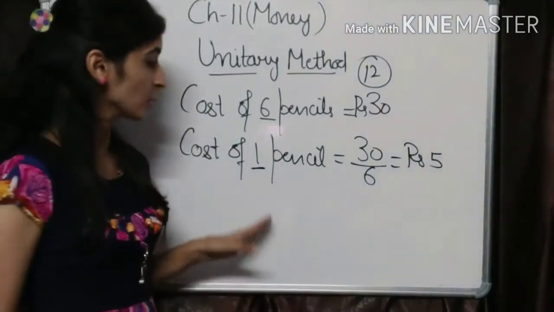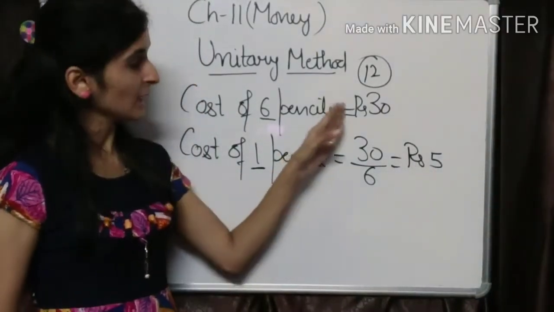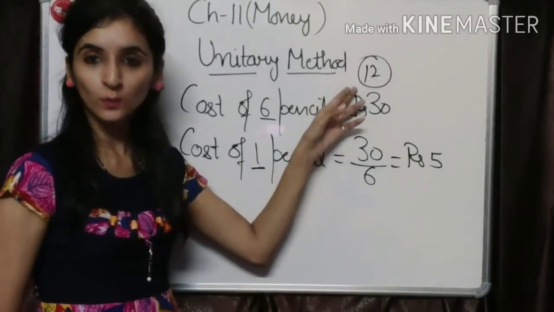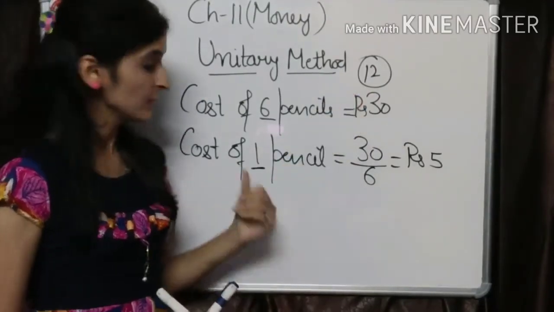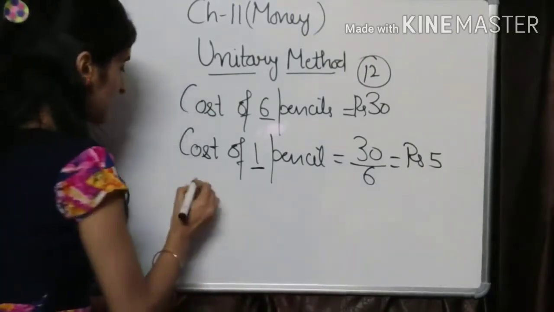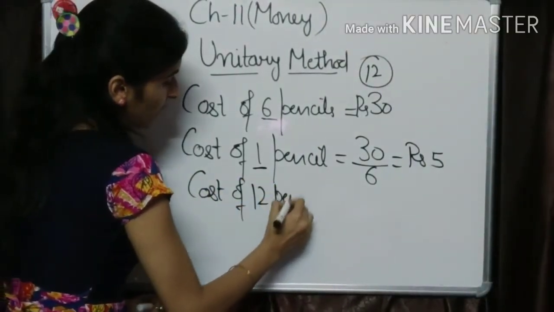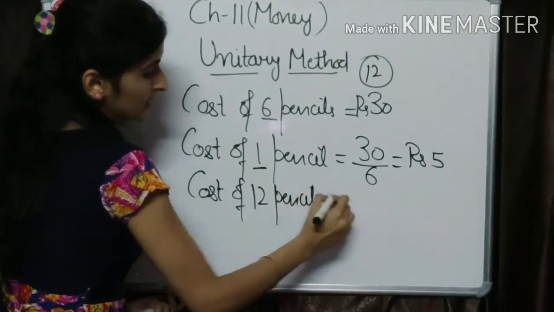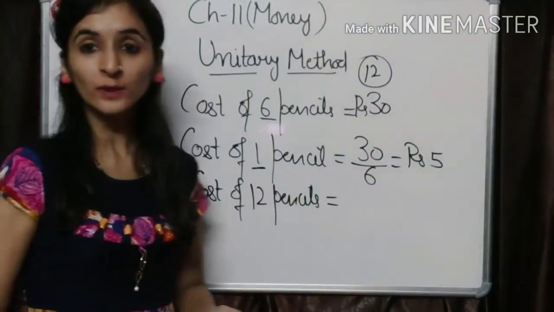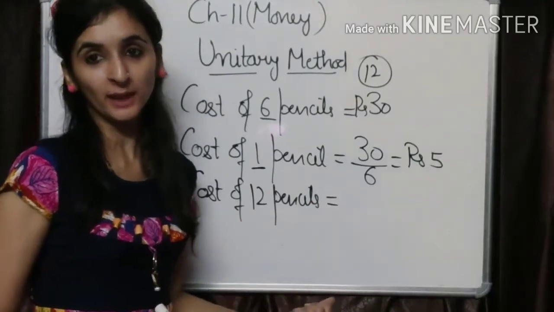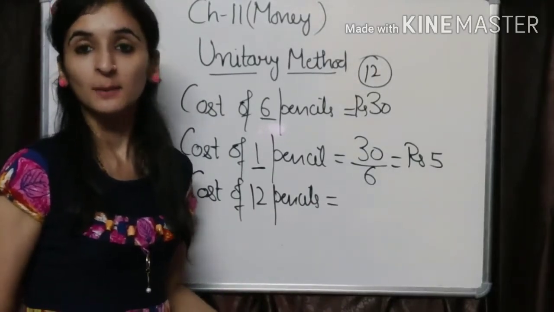Now we have got the cost of 1 pencil and we have to find out the cost of 12 pencils, right? We have been given for 1 and we have to find out for many. It means we have to find out for 12 pencils. So what do we do when we have been given for 1 and we have to find out for many? We always multiply.